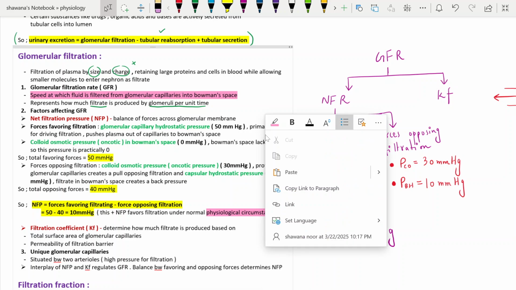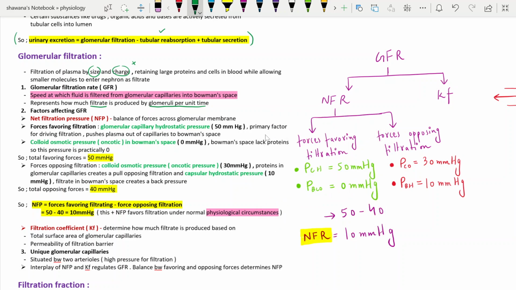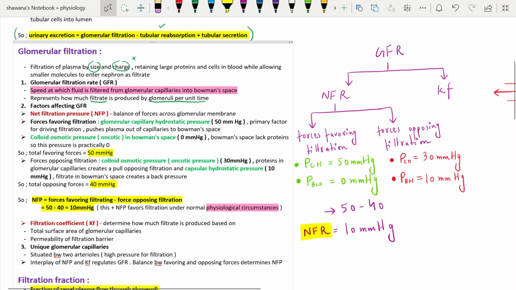What are the factors that affect the GFR? We will abbreviate glomerular filtration rate as GFR. The factors which affect the GFR are filtration forces. There are forces that favor the filtration, and there are forces that oppose the filtration.